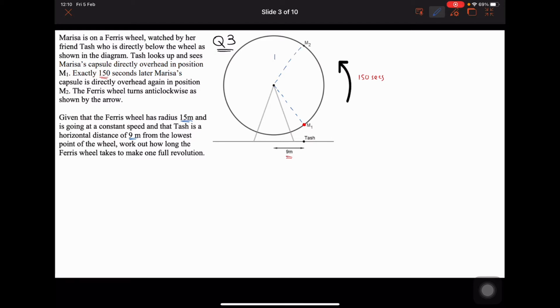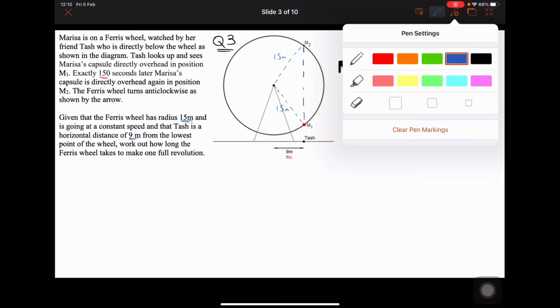So 15 meters, 15 meters. I'll draw a line here as well going down, and now we have a triangle, and of course now it links to trigonometry. We can see there's a triangle here, so we can use some trig now, hopefully.